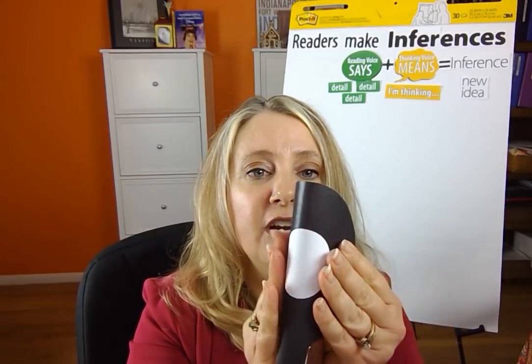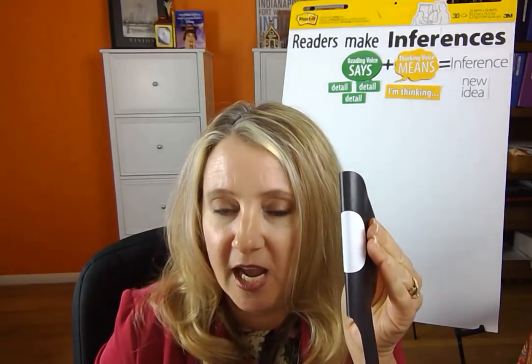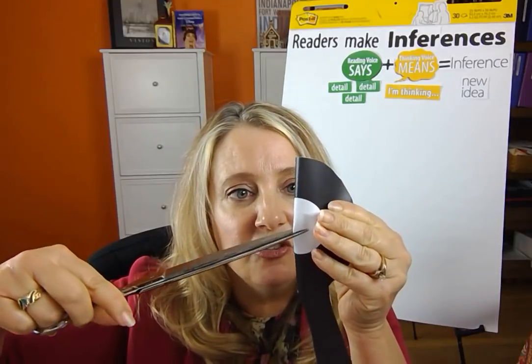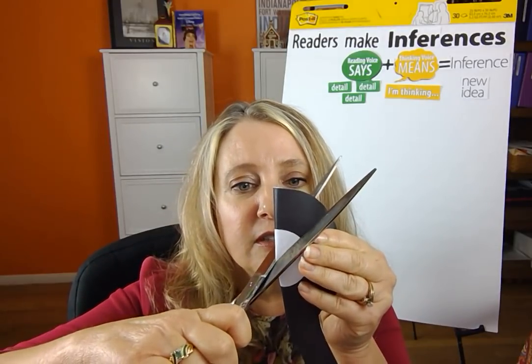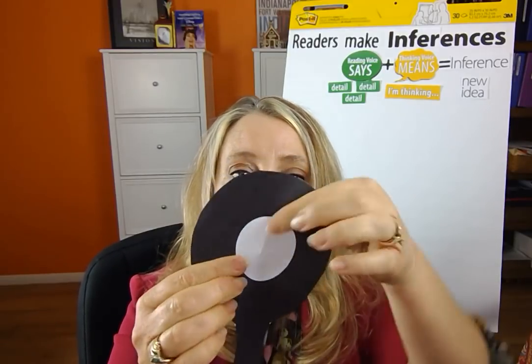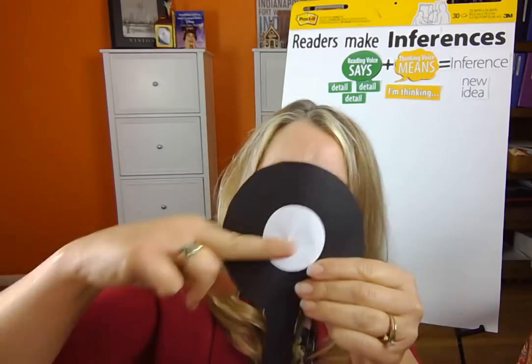Watch me. You're going to fold it in half just a little bit, but don't crease it. And with the tip of your scissors, just give a little cut. This is how I always tell kids in my class to cut out something in the middle. Don't go chopping at the side. You'll mess up your magnifying glass.